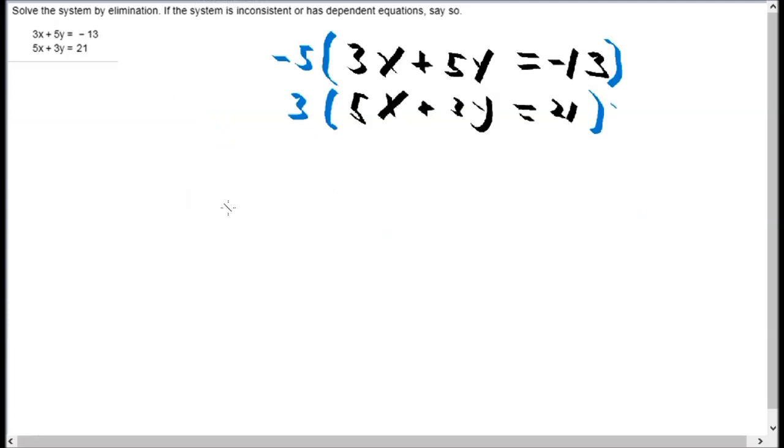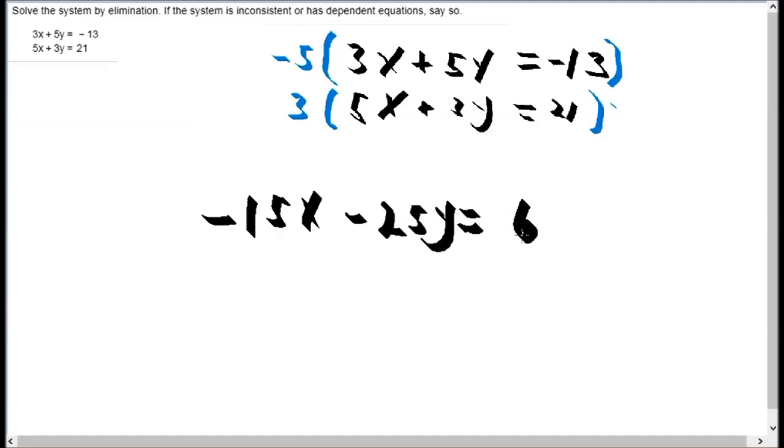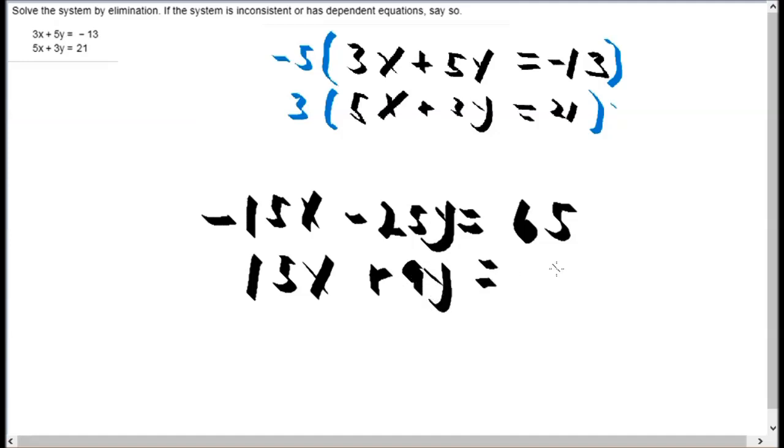Our top equation becomes negative 15x minus 25y is equal to positive 65, and then we get 15x, and that was the whole purpose of doing this, plus 9y is equal to 63.